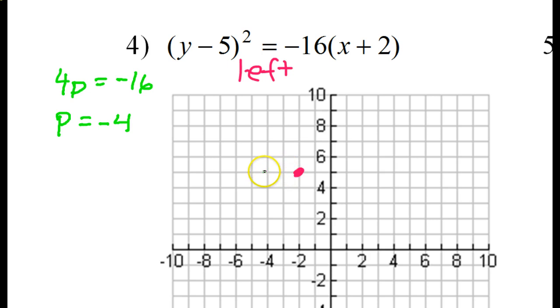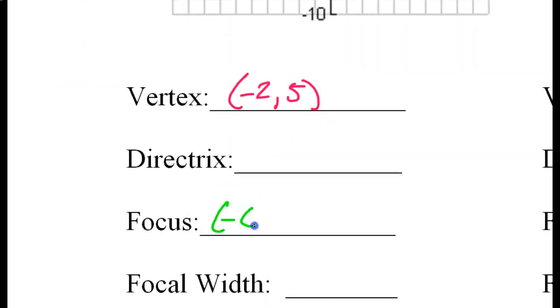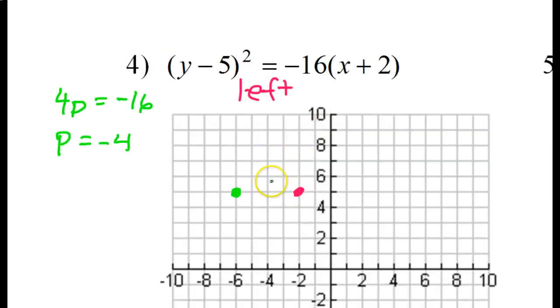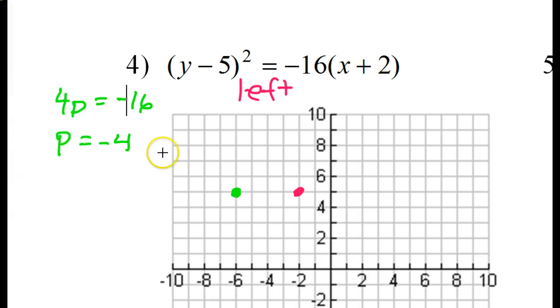So this is my focus, which is at -6, comma 5. Okay, as soon as you do your focus, you go in the opposite direction and do your directrix. So the directrix is going to be right here.